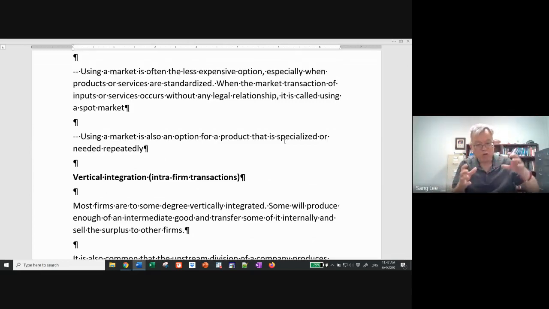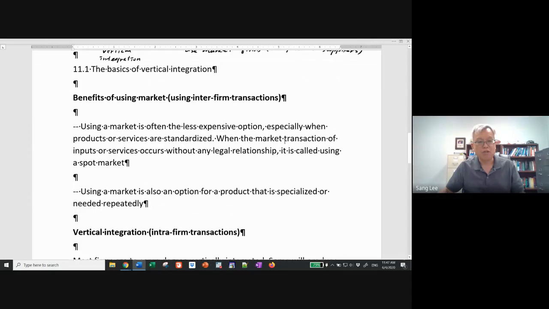So within your own company, you create some upstream divisions and some downstream divisions, and they will have the transactions between those upstream and downstream divisions. But they are still within the same company. So that's why we call vertical integration sometimes intra-firm transactions, within firm transactions. But on the other hand, using market means what?